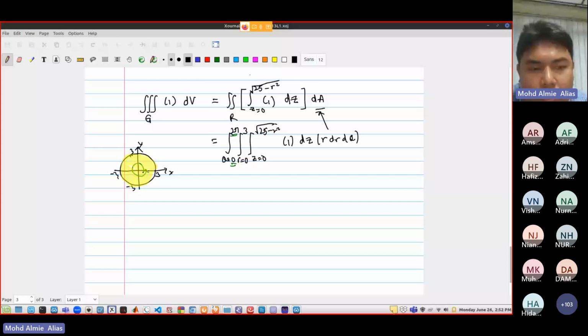Any points at the origin until any points at the boundary, which is from r = 0 until r = 3. Okay, and then you do integration.